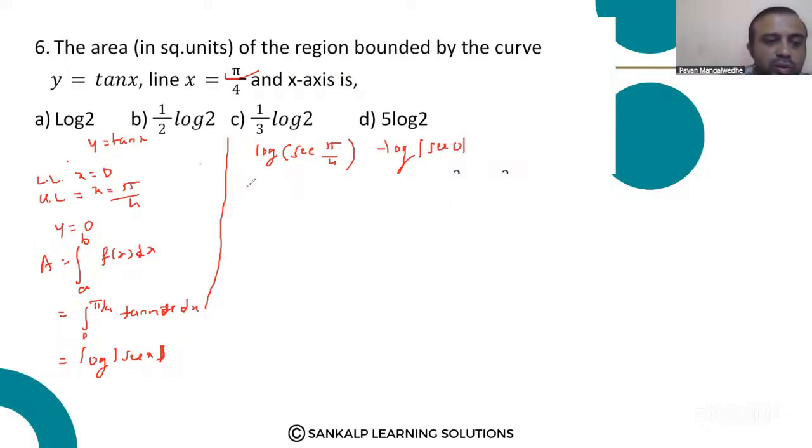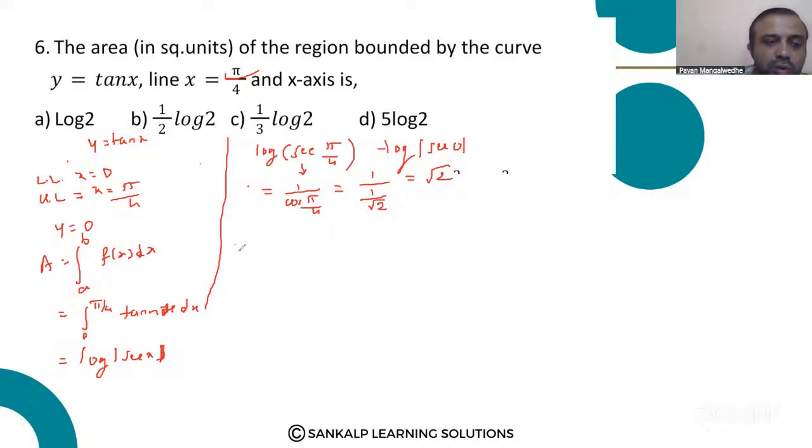Now sec of pi by 4 can be written as 1 upon cos of pi by 4. Cos 45 is 1 by root 2, so sec of pi by 4 is root 2.